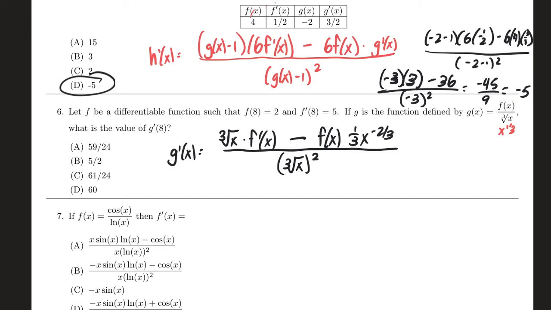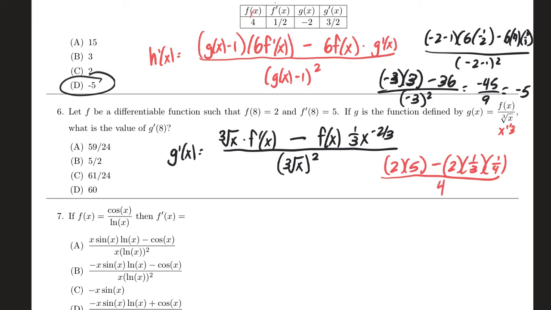Then I want to plug in 8 into all of that, so the cube root of 8 is 2. F prime of 8 is given to us, that's 5. F of 8 is given to us, 1/3. 8 to the -2/3 is going to be 1/4. And that's all over the cube root of 8, which is 2, so 2 squared is 4.